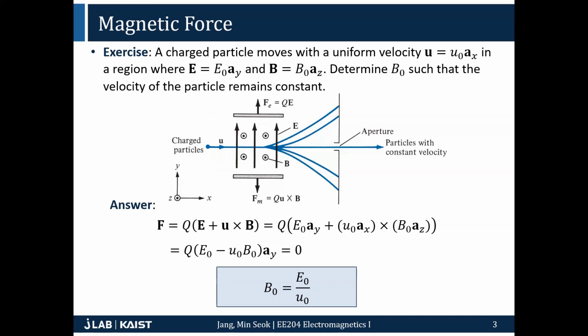So you remember in our previous electrostatics, we learned two important laws. The first one was Coulomb's law, and the second one was Gauss' law, right? So we are gonna deal with the counterparts of those laws.